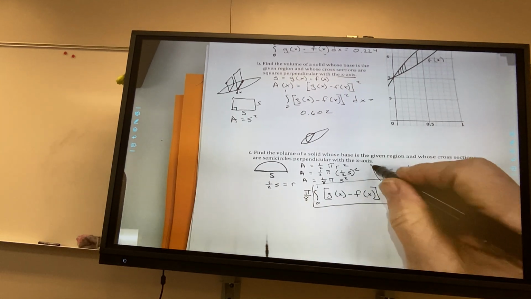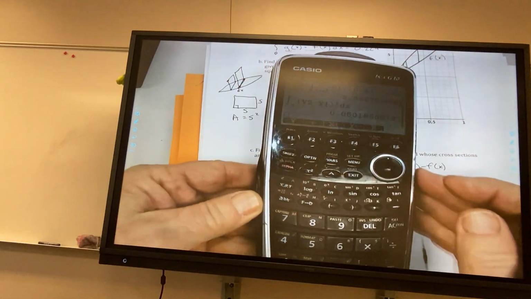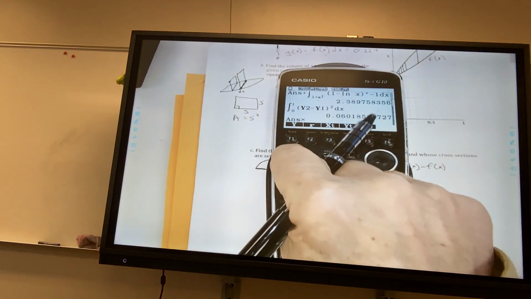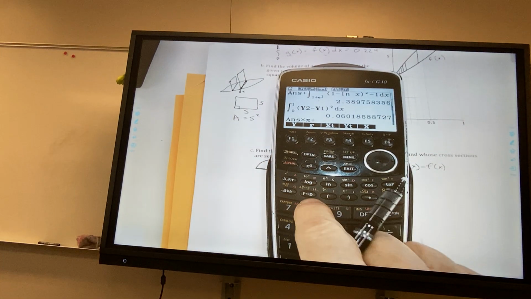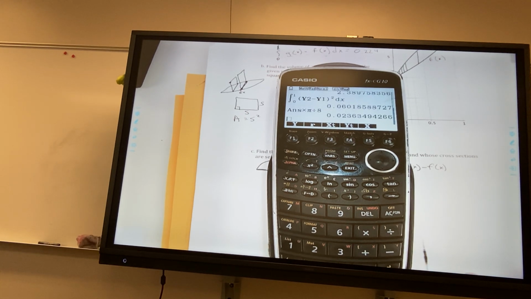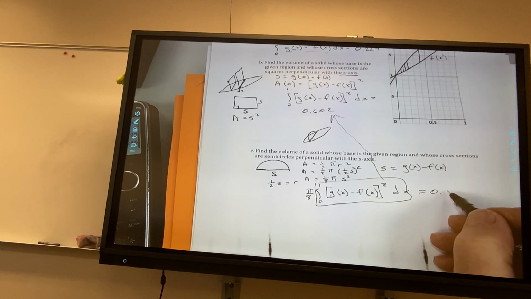That's this up here. Would you agree? So all I gotta do is multiply the answer by pi divided by 8. Again, it saves me a lot of time, doesn't it? And I got 0.024. And there's my 3 points, 9 points.